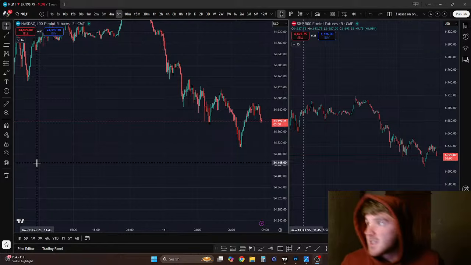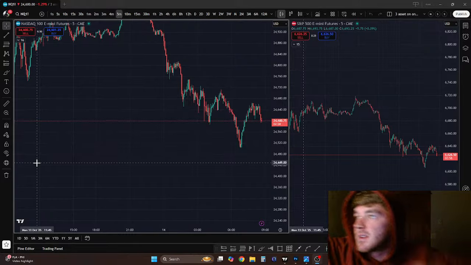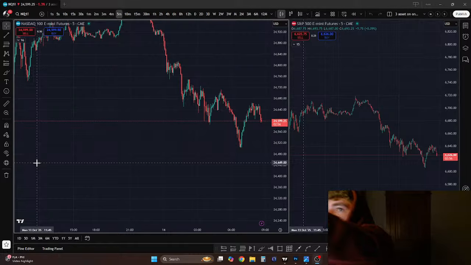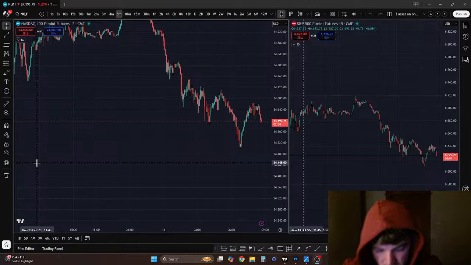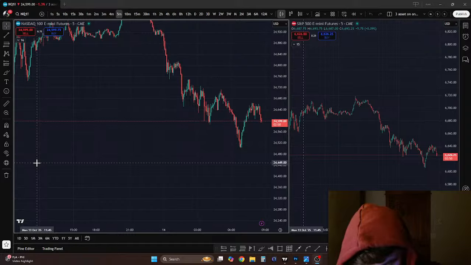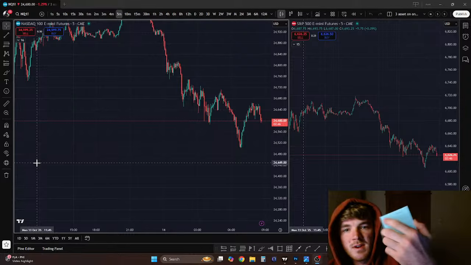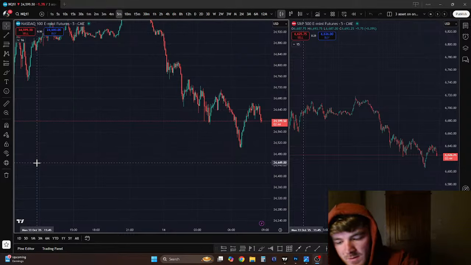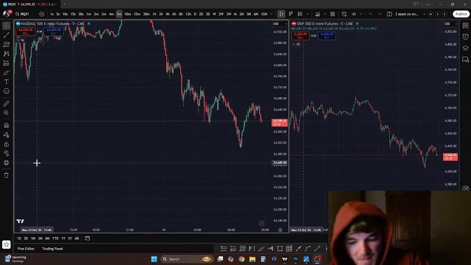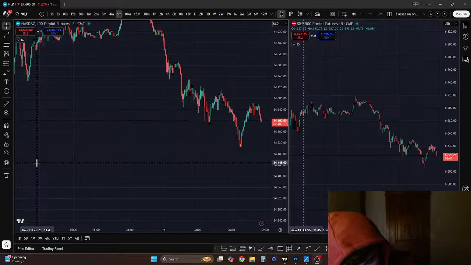Where's my phone? I need to look at it to see the risk conversions. So I'm gonna be doing these sticky notes for my risk. So if I'm not talking, that's why.